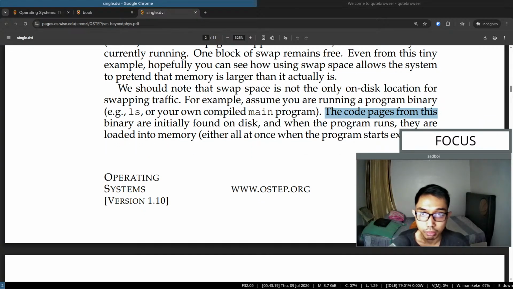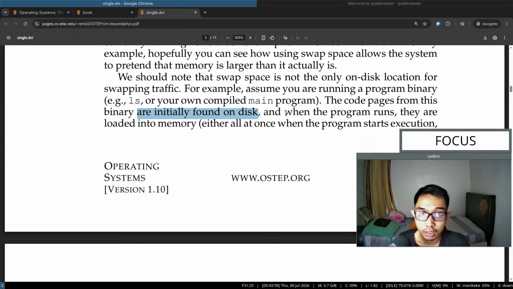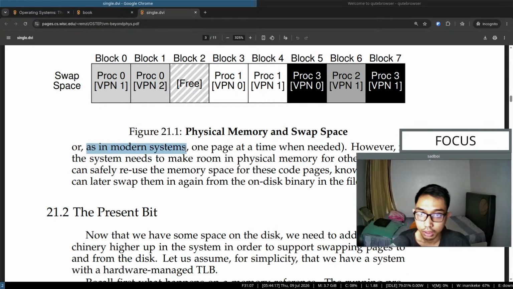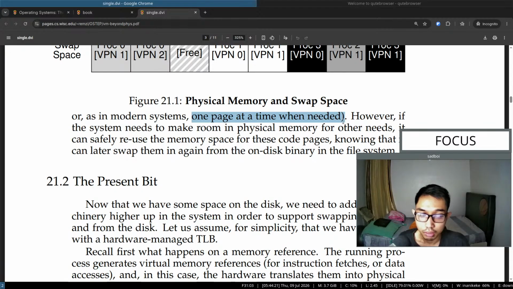The code pages from this binary are initially found on disk, and when the program runs, they are loaded into memory, either all at once when the program starts execution, or, as in modern systems, one page at a time when needed.